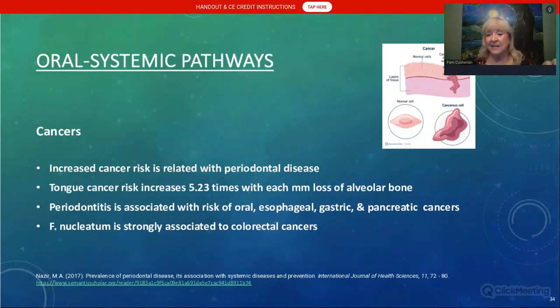And that is found in Nazar's research that's listed for your easy access. Just click on the link. Periodontitis is also associated with the risk of oral, esophageal, gastric, and pancreatic cancers. F. nucleatum is also strongly related to colorectal cancers. And it's like, how the heck does that happen? We're going to talk about that too.